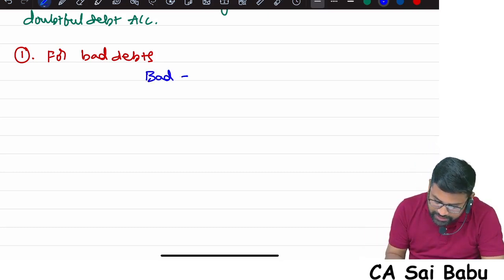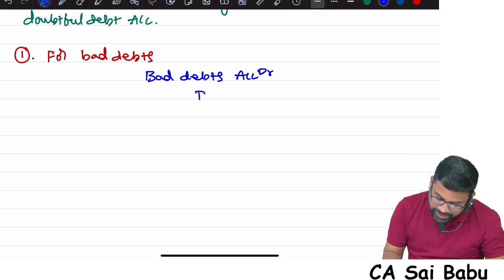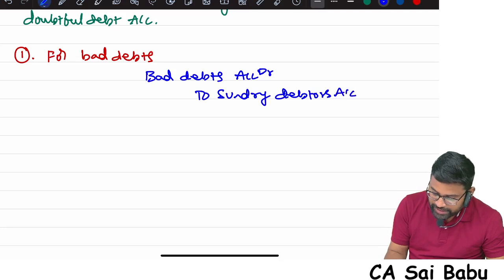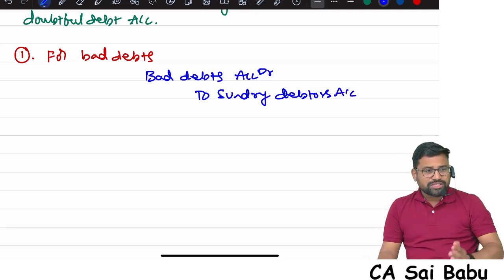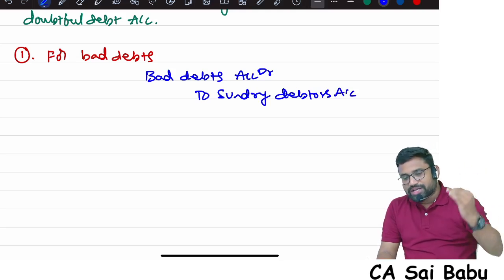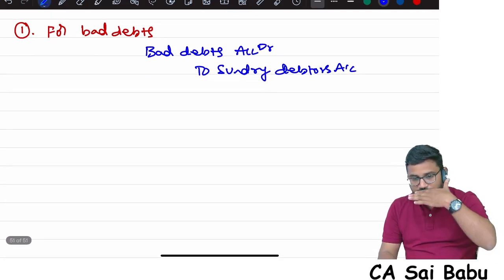Bad debts account debit to debtors. Bad debts is a loss which will be debited, and sundry debtors account will be credited, because the debtors balance will reduce. Debtors is my asset, and since the amount is not collectible, my asset balance will be reduced.